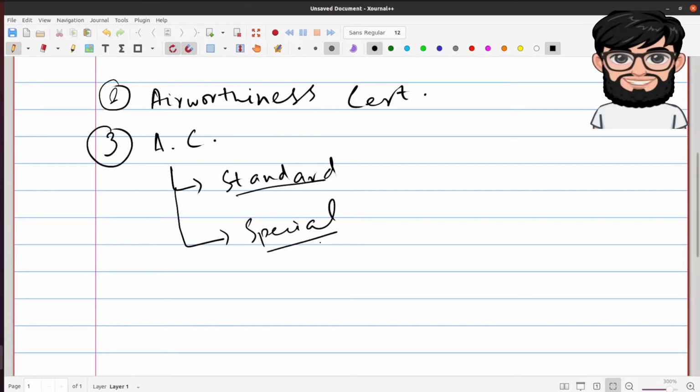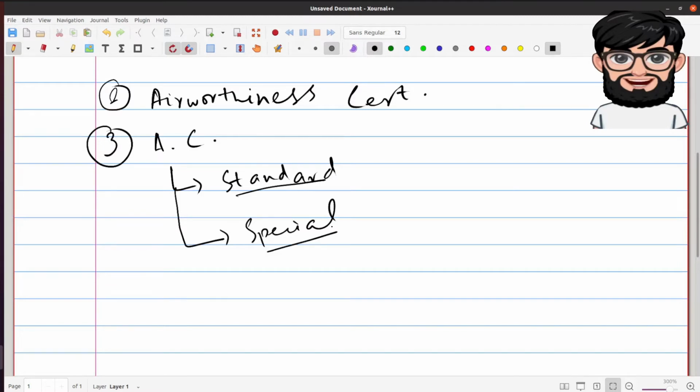As the name suggests, the standard one normally comes in white paper, and they are issued for normal airplanes. It could be commuter, transport, the regular airplanes.